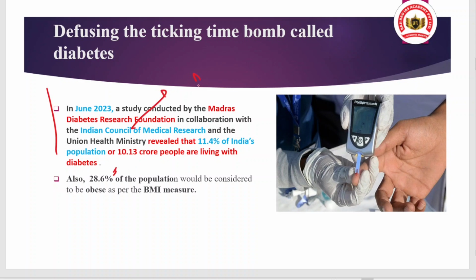When we convert that into population, it means about 10.13 crore people have diabetes. And not only that, about 28.6% of the population is obese, as per the body mass index measure. So this highlights our lifestyle problem and its impact on our health.